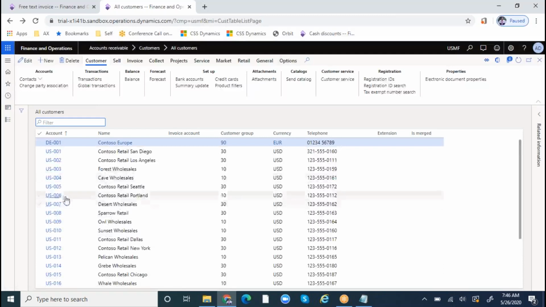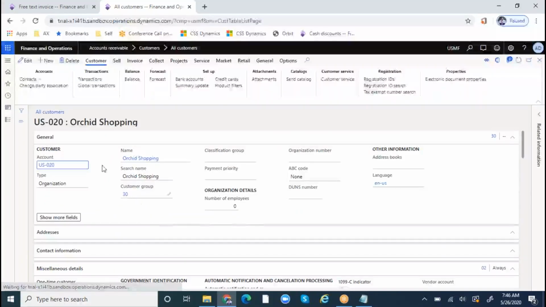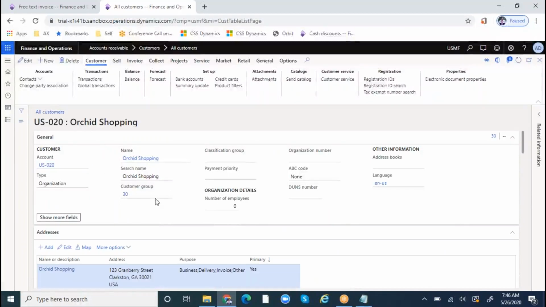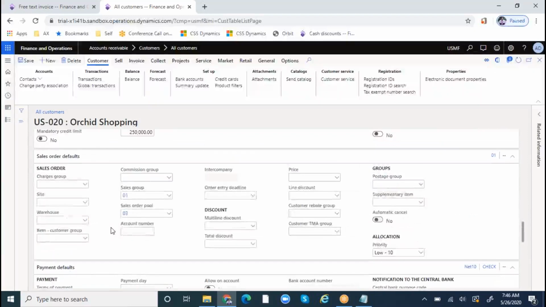Take the example, I will take one customer, any customer is fine, US 020. So I'm just mapping. Usually we map at the customer level itself. The terms of payment and cash discount are mapped at the customer level only.